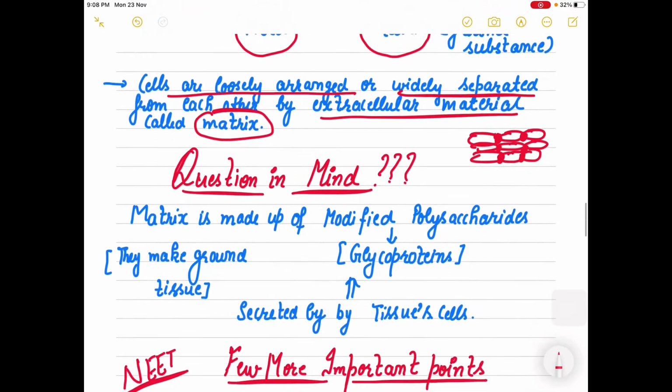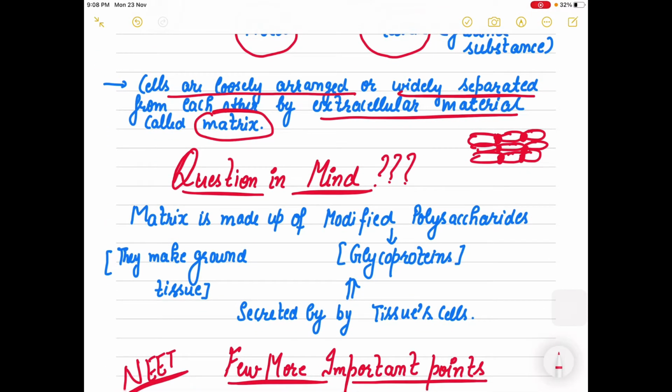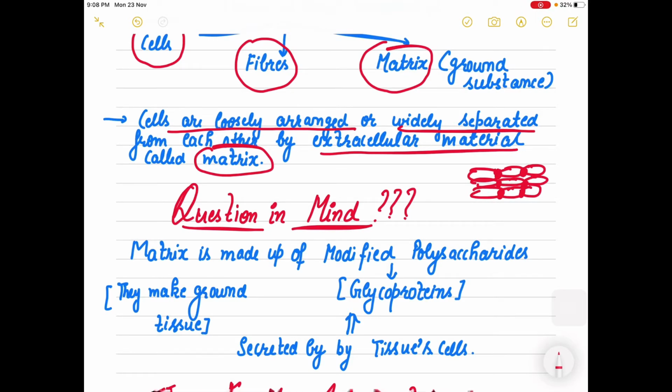Now one most important question which comes to mind when I say matrix: actually this matrix is made by these cells only.